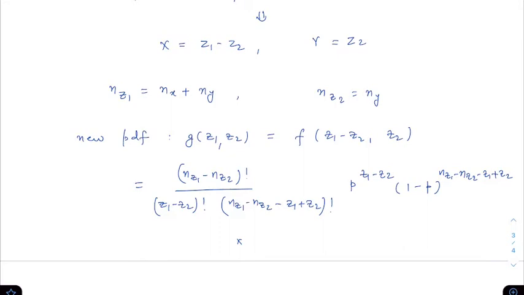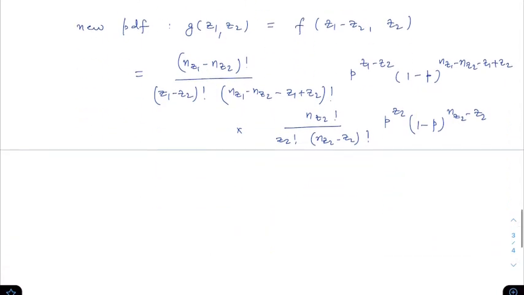So from this, this is the joint PDF for z1 and z2.